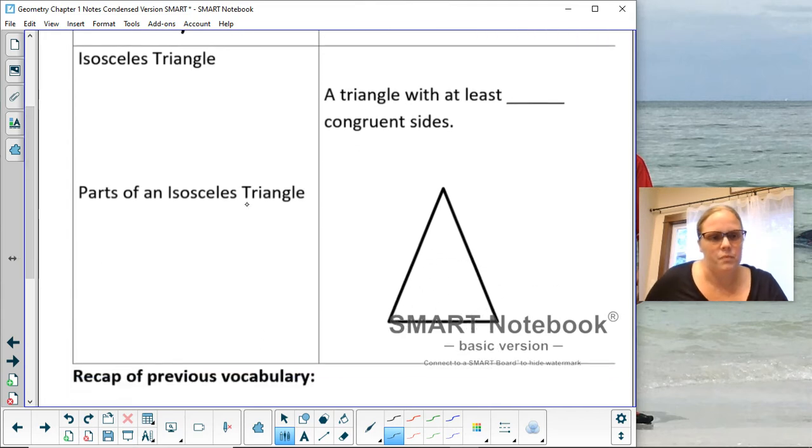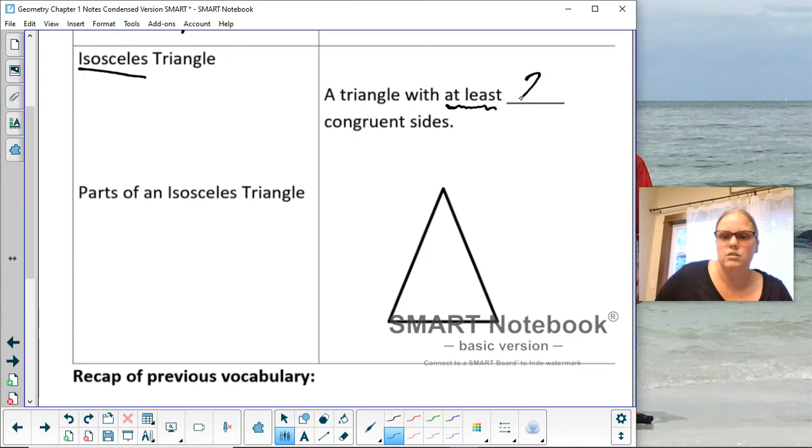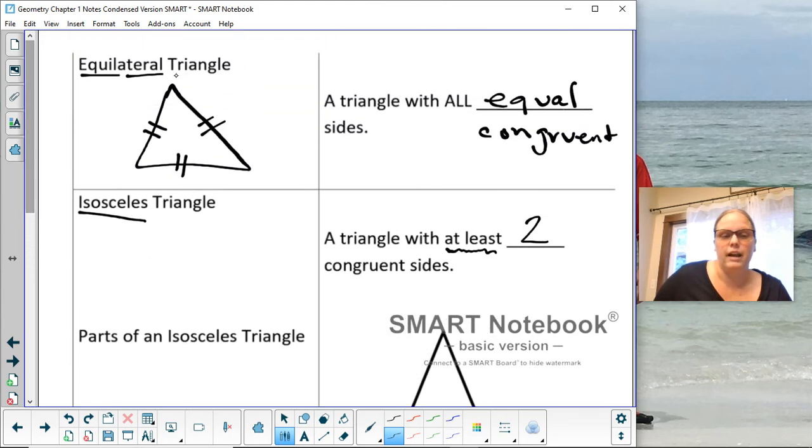All right, the next one is an isosceles triangle. In an isosceles triangle, it's a little bit different because it's not a specific number. It says at least 2 equal sides. So that technically means that this equilateral triangle is an isosceles triangle because it does at least have 2 equal sides.